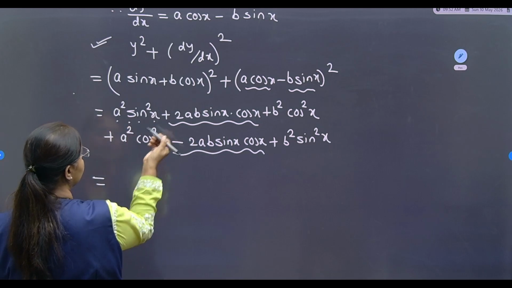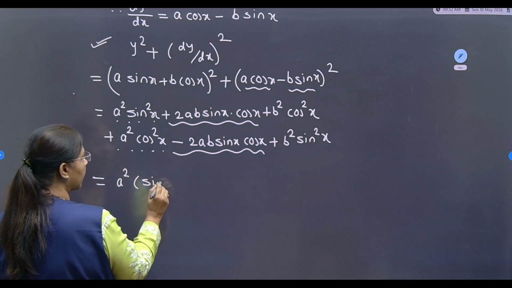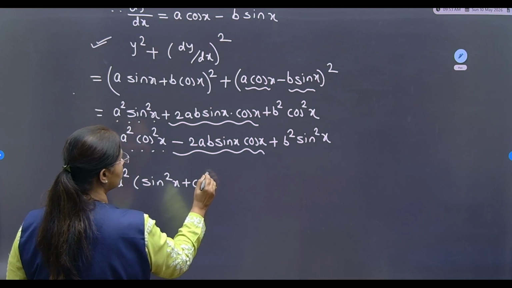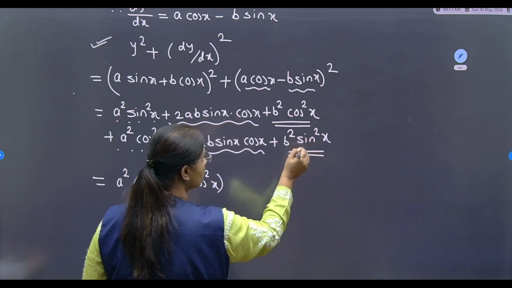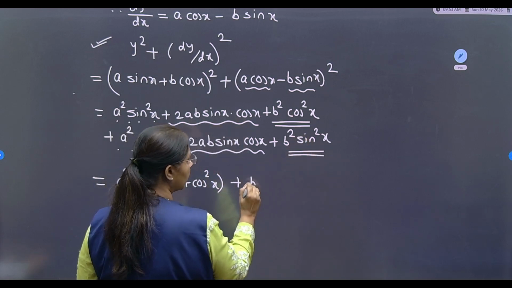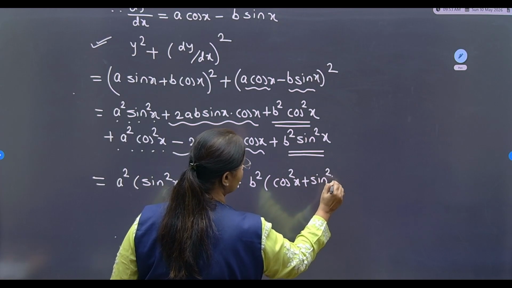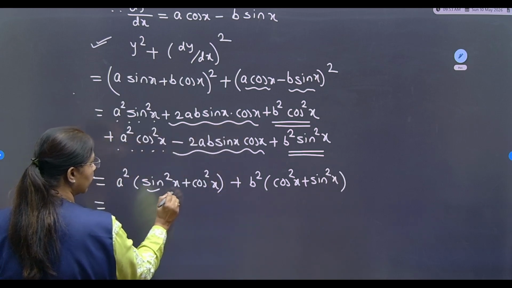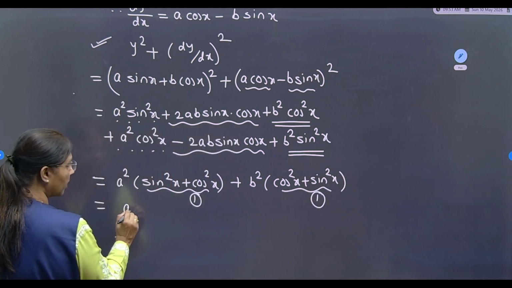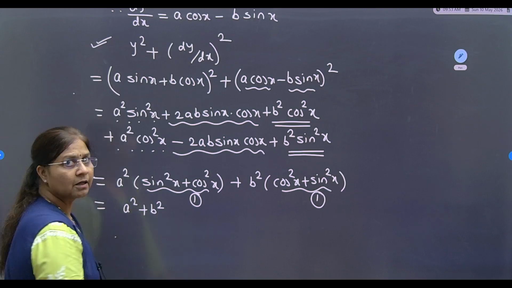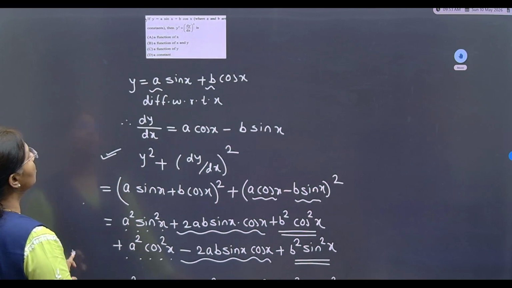Then a square sin square x plus a square cos square x, taking a square common, is (sin square x plus cos square x). Then b square cos square x plus b square sin square x, taking b square common, is (cos square x plus sin square x). By the identity, sin square plus cos square is 1. Therefore, the answer is a square plus b square, a constant.